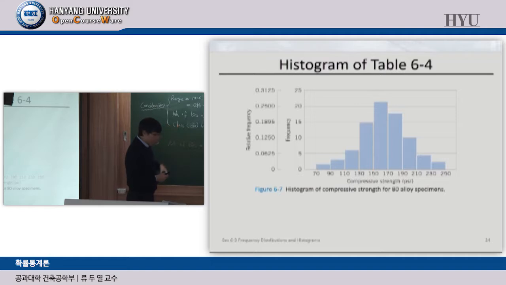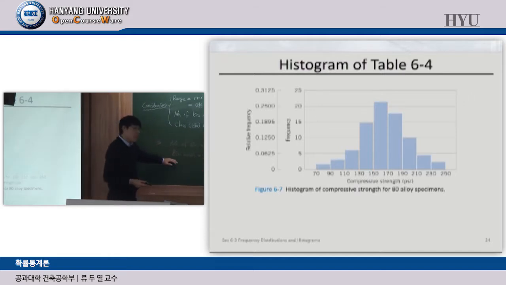And also, we can determine the bin width as 20. This determination is based on the previous calculation, and it is dependent on the person who solved this example.